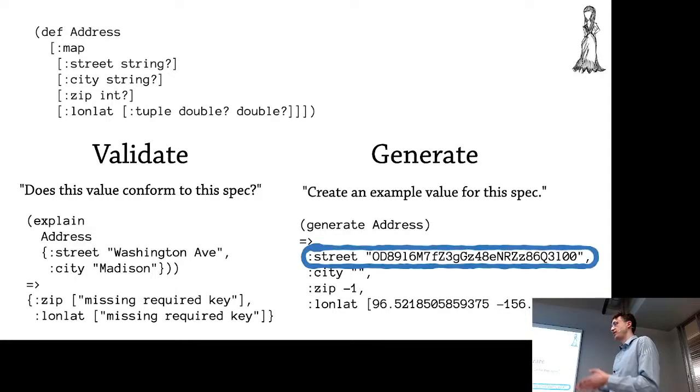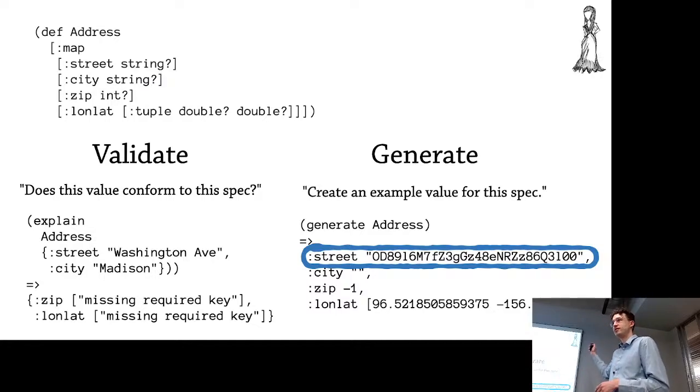The street is clearly something that you would never in a million years write as a human. And you remember back in the first few slides, I was like, okay, let's test one hello. Imagine if I forgot to test hello. So this is sort of the fundamentals of where the power of these spec libraries grows from. They're going to try corner cases that you've never thought of, and find errors in your programs.